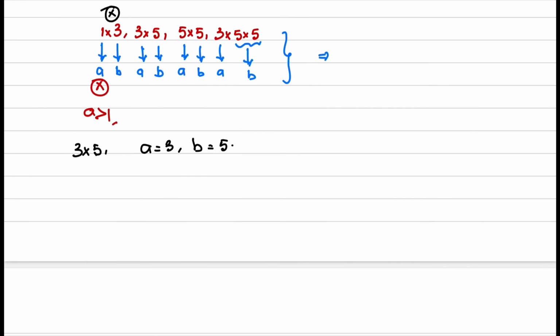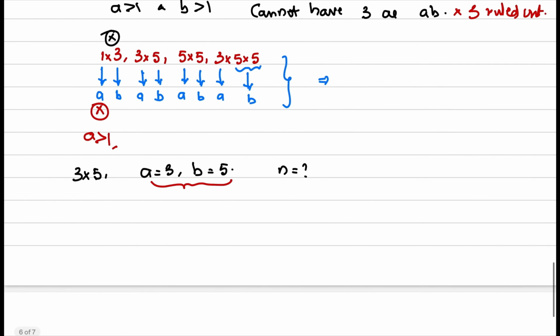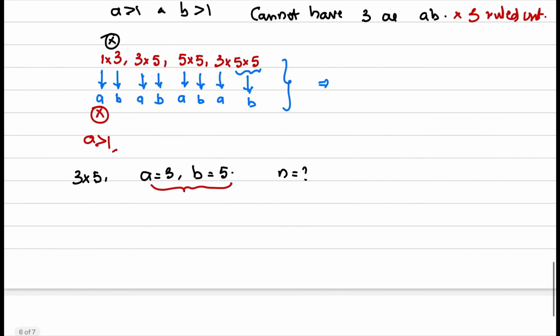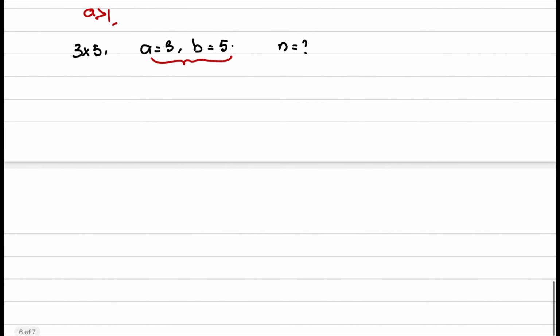We have to find out what n is. If A and B are feasible answers, then we have to find the value of n also. That's what is challenging here. Please see. A is equal to 3, B is equal to 5.